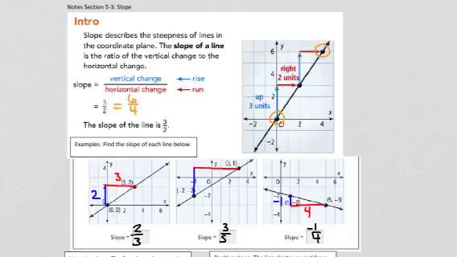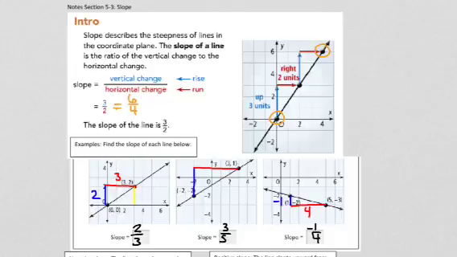Now I'm going to come back to this first example, and I'm going to show you something else with that. So if I take a look at this point here, and I travel to this point here, my vertical change is actually -2, and my horizontal change is -3. So I'm going to do that with a different color here.